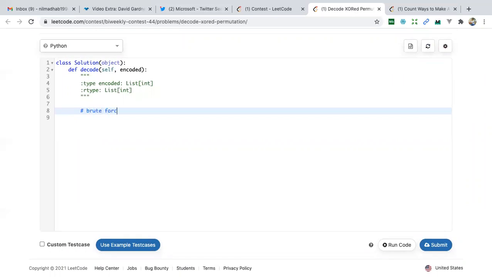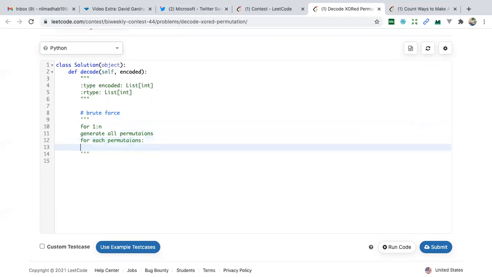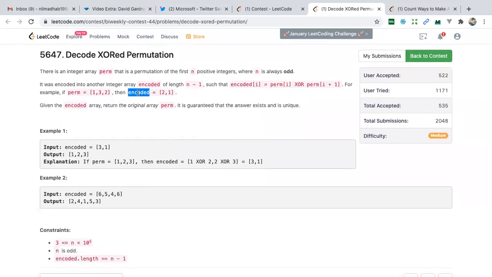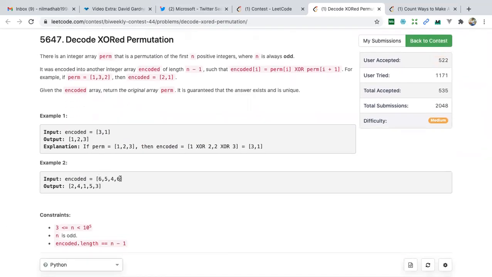So for 1 to n, generate all permutations, and for each permutation try to encode it and check if the encoding is equal to the encoded array.